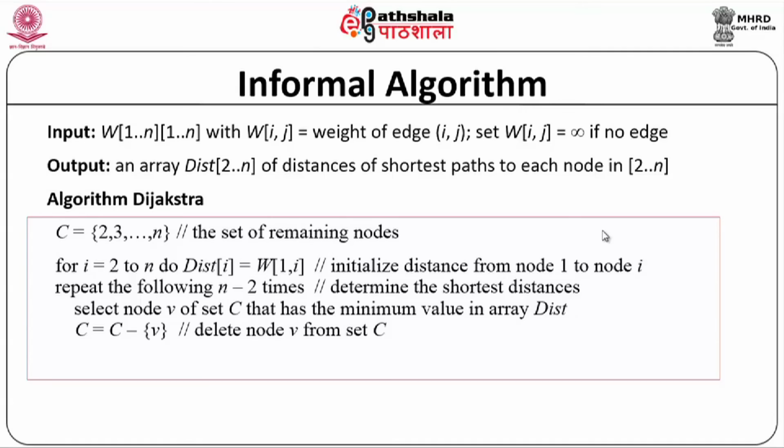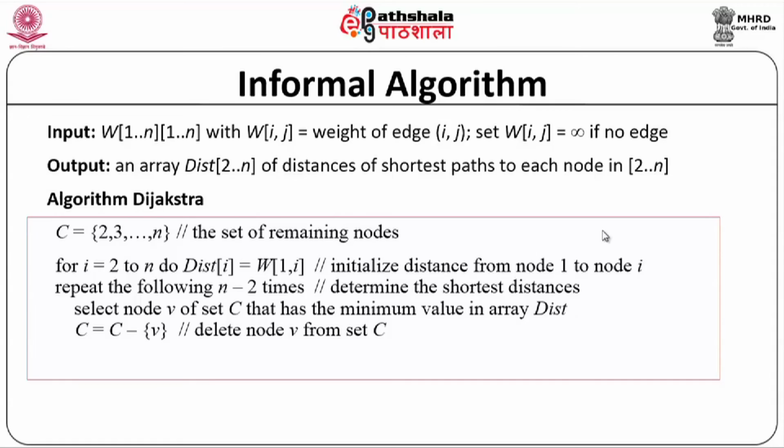Again the greedy approach comes into the picture because we are aimed at finding the shortest path. So, we have to find a node that has the minimum distance from the source. Suppose we consider nodes 2 and 3; if node 2 has the shortest distance, then 2 is added.